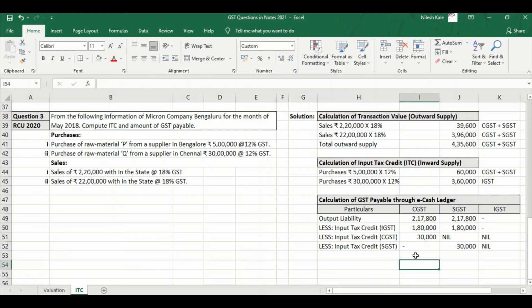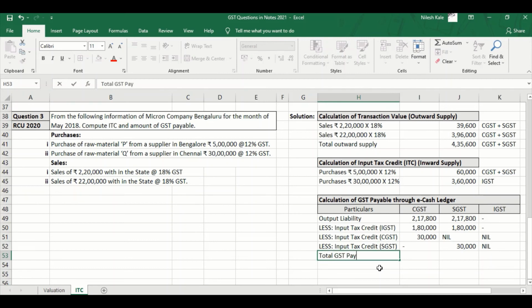That will be our GST payable through what? GST payable through e-cash ledger. I will write here total GST payable through, I will write it below, e-cash ledger.